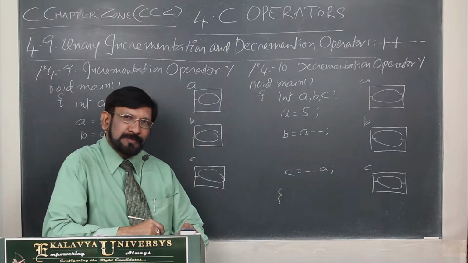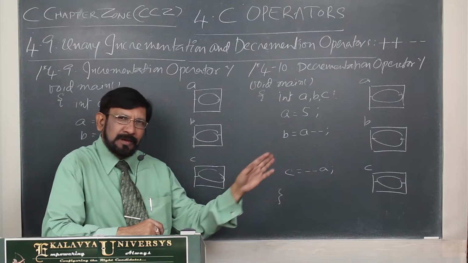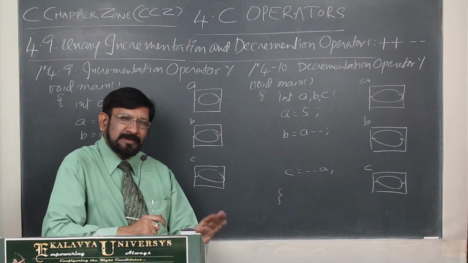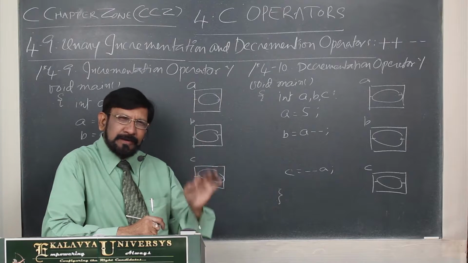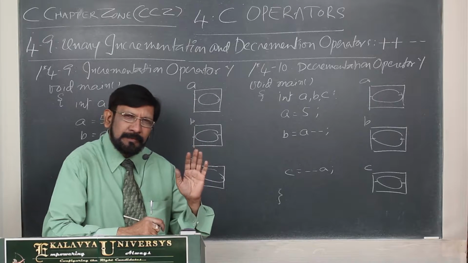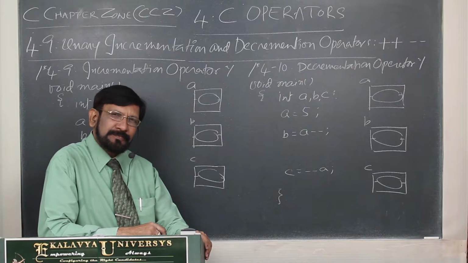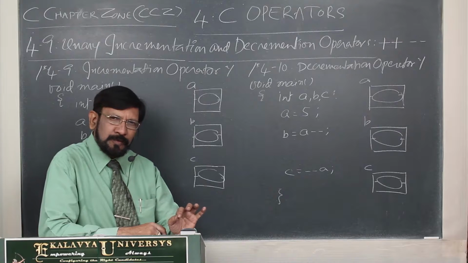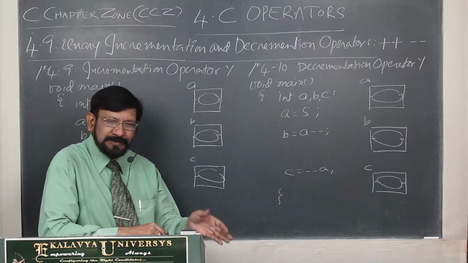Thereafter execute and tally your manual output with the program output. If those match 100%, you know the concept. So this is the right approach to become proficient over concepts. Always remember this simple technique: before executing the program, you write the output. Thereafter execute the program and check.